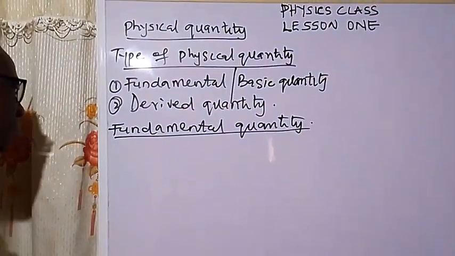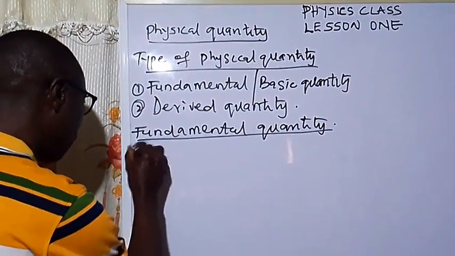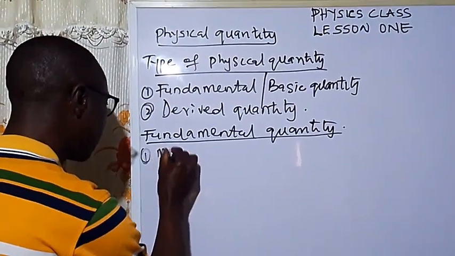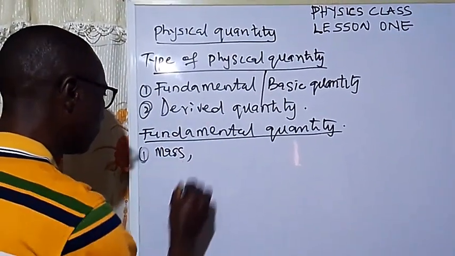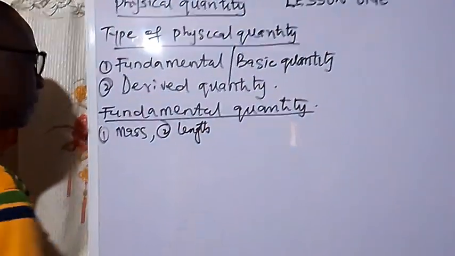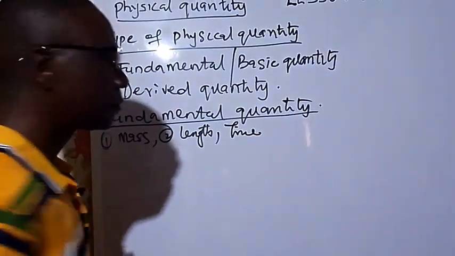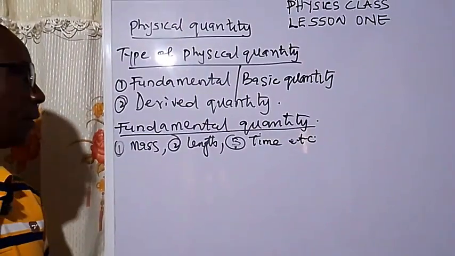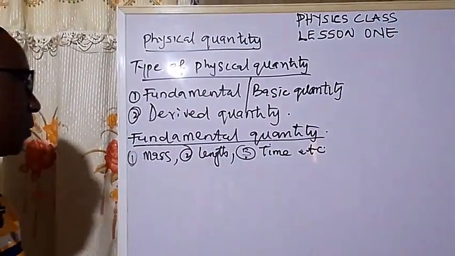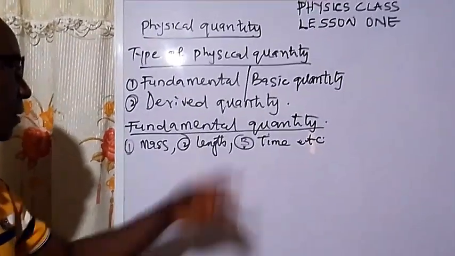Examples of fundamental quantity are 1, mass, 2, length, 3, time, to mention but few. We have 3 on the board: mass, length, time.